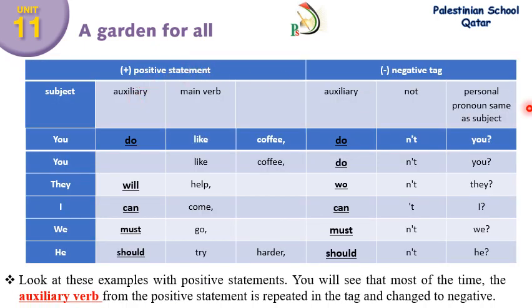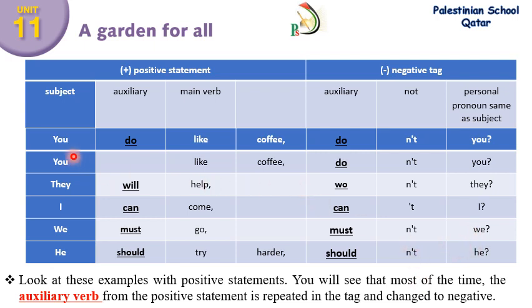Positive statement, negative tag. Subject, auxiliary, main verb; negative tag here, auxiliary, not, personal pronoun same as subject. This is the subject: you, they, I, we, he.